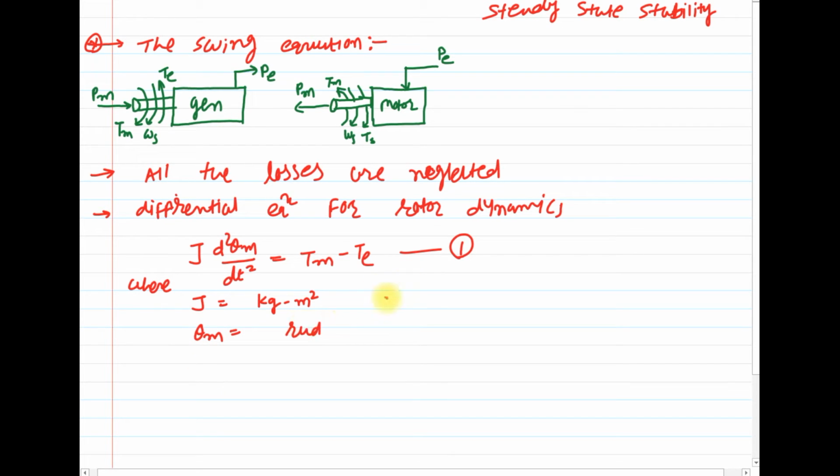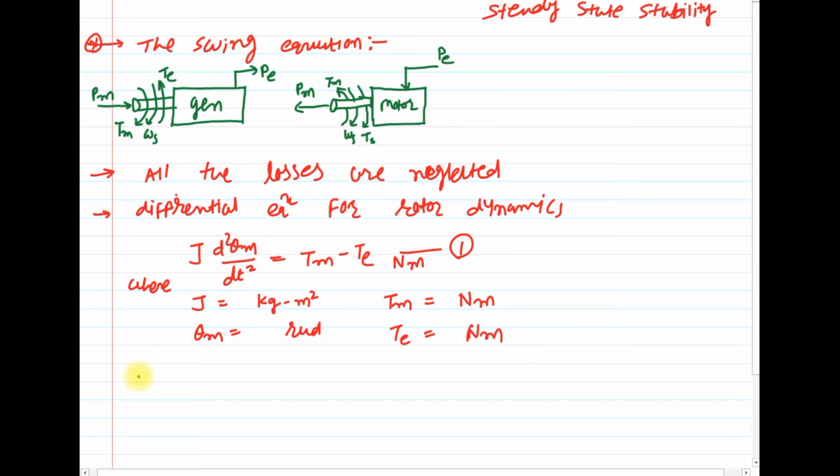Next is Tm, which is equal to the turbine torque in newton meter. Next, Te is equal to the electromagnetic torque, which is in newton meter. Clear?